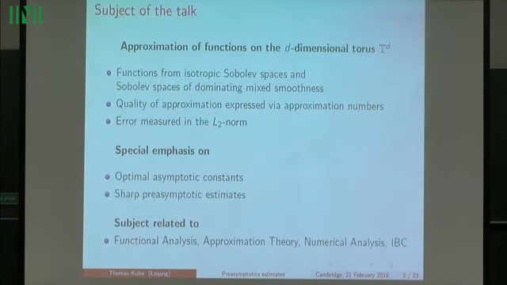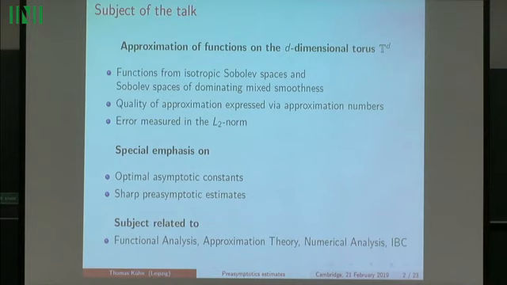The subject of the talk is approximation of functions on the d-dimensional torus. So we will always be concerned with a periodic case. The functions I will consider are from the isotropic Sobolev spaces and from Sobolev spaces of dominating mixed smoothness, the very classical spaces.